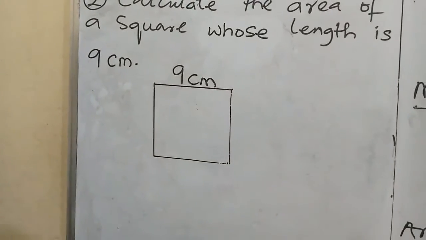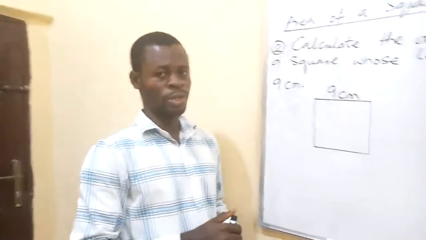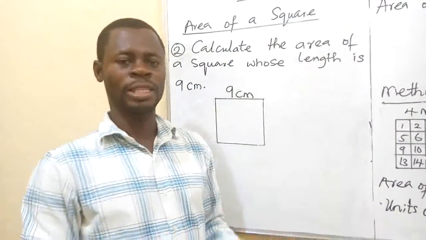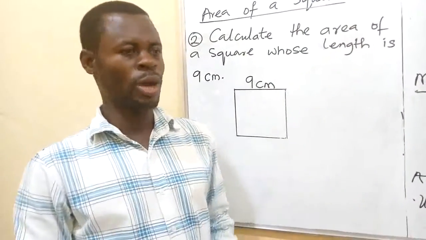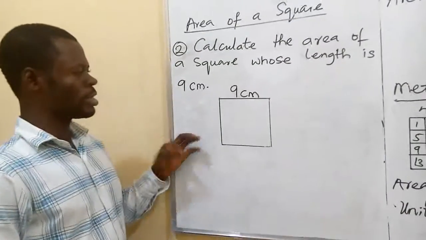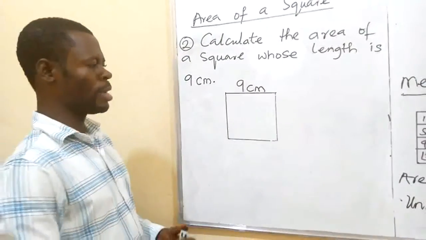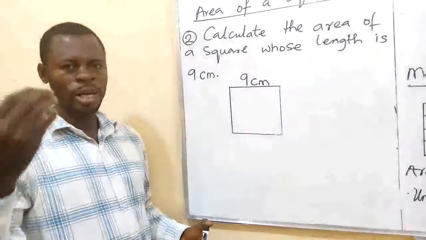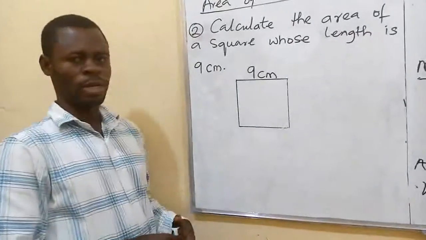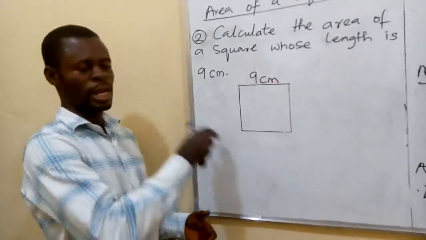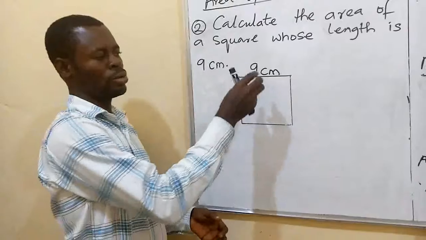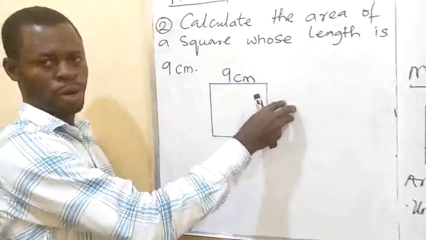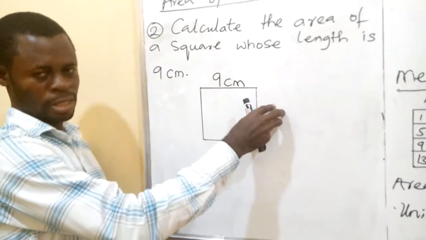With your knowledge of the properties of a square, you see that a square has 4 sides, isn't it? And all the sides are equal in length. So we've been given 9 centimeters for one of the lengths. That means to get the next length for our calculation, using the understanding that all the sides are equal, we now know that since this side has been given to be 9 centimeters, this other one will be what? 9 centimeters.